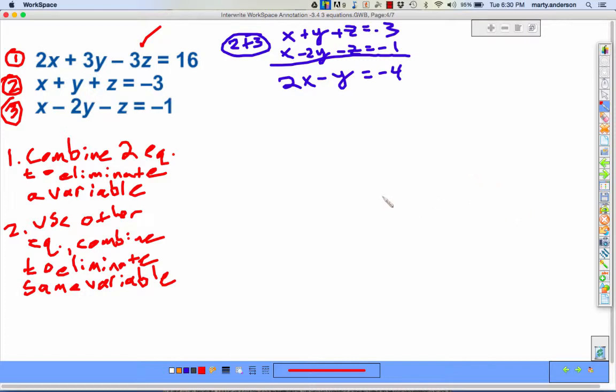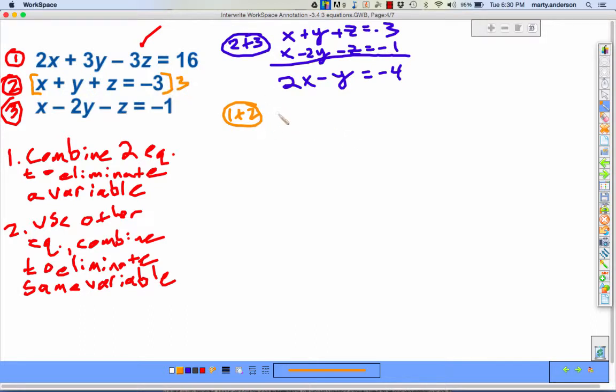Because what we're trying to do here is to create a system of two equations and two variables, which we just spent 2 sections solving. So I'm going to do 1 and 2, but I'm going to multiply equation 2 by what? If you said 3, you're winning.